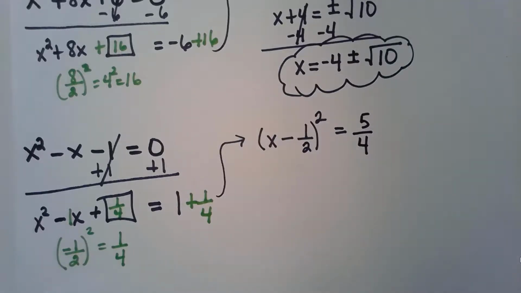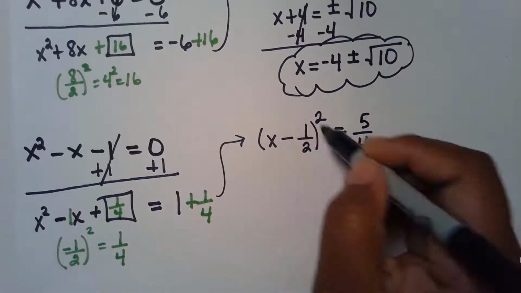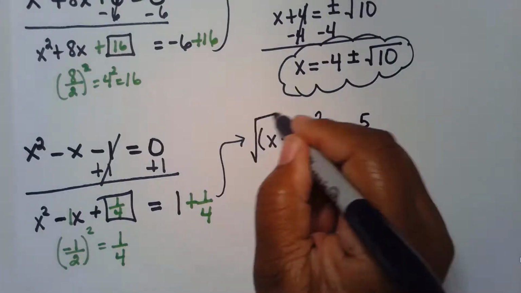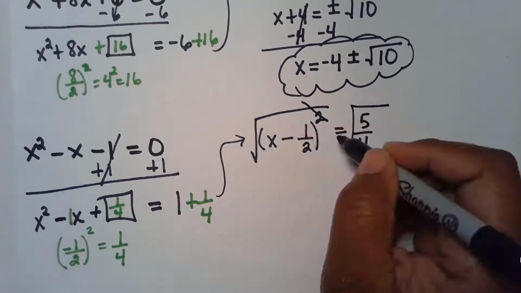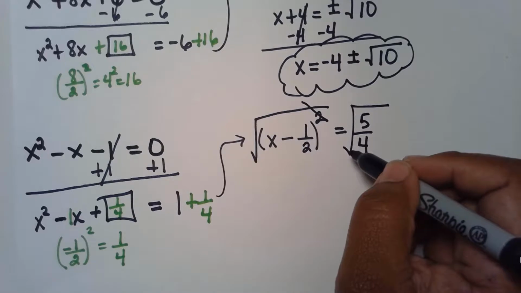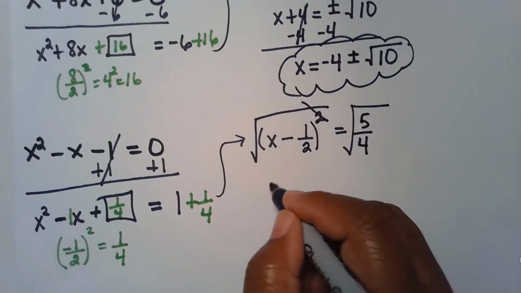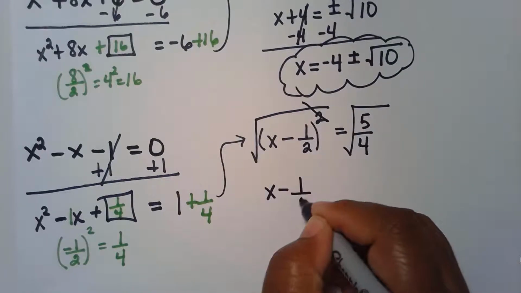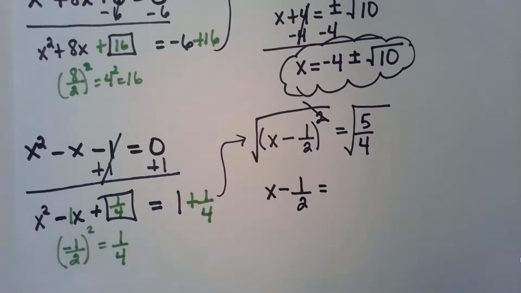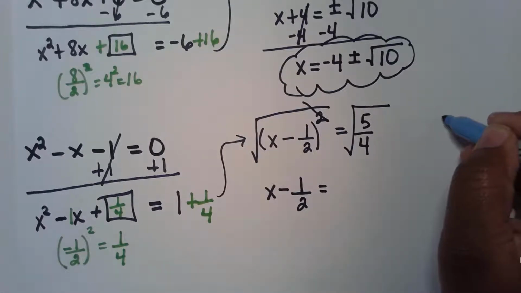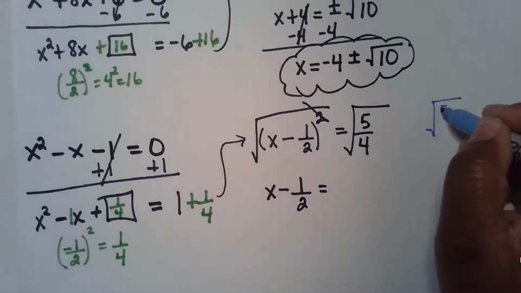Okay, so next, to solve for x, we're going to take the square root of both sides. On the left-hand side, the exponent of 2 and the square root cancel out, so we have x minus 1/2 equals the square root of 5 over 4.